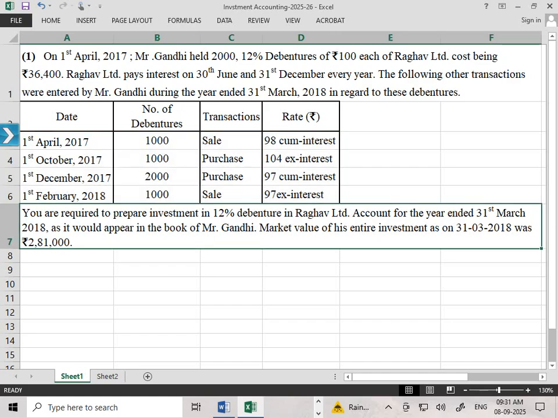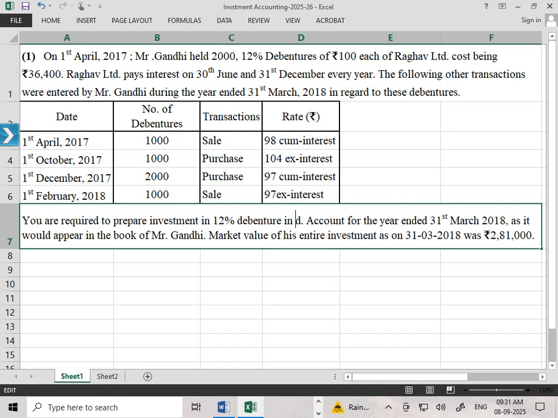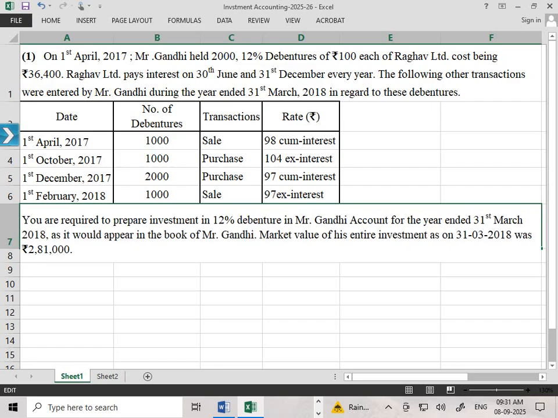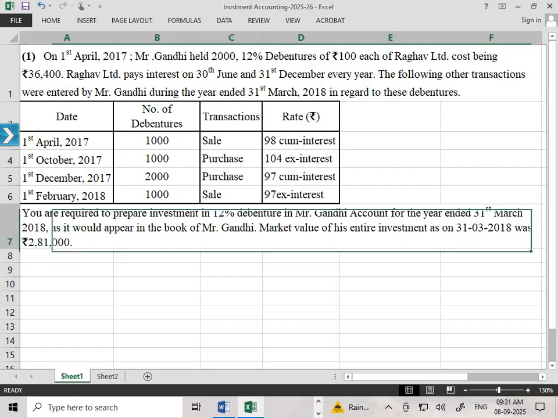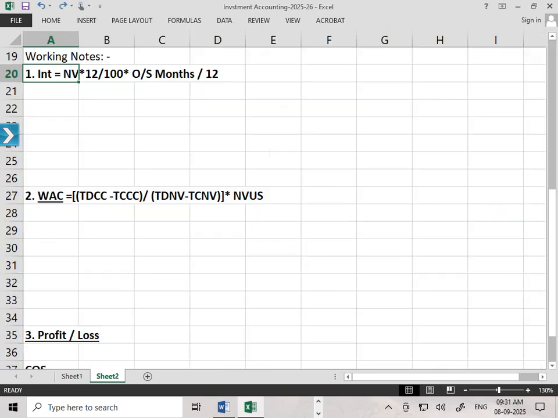Here you are required to prepare the investment in 12% debentures in Raghav Limited account, but here you have to prepare it in Mr. Gandhi's account for the year ended 31st March 2018, as it would appear in the books of Mr. Gandhi.